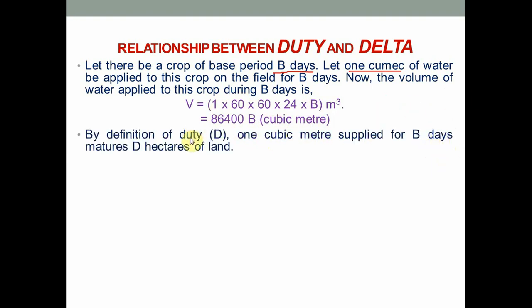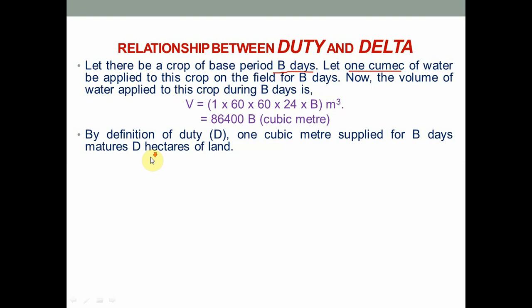Next, if we see the definition of duty, it is 1 cubic meter supplied for B days will mature D hectares of land. As we have seen in the definition of duty, it is nothing but the area of land in hectares which is matured by applying 1 cumec of water for a total base period of B days.